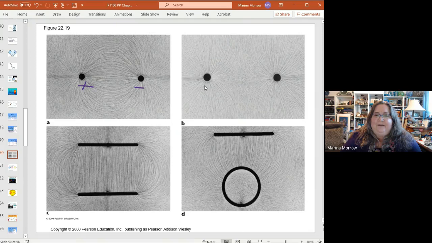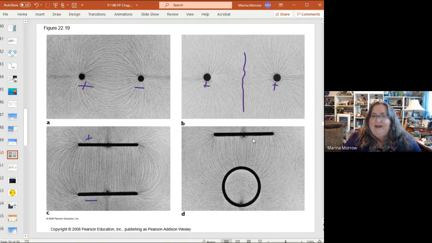This one here must be like maybe two positively charged ones. You can see in the middle, the positive charges, the hairs, they don't know which direction to go. So they just kind of line up there straight. Over here, we've got a parallel plate capacitor set up. So again, a positive plate and a negative plate.